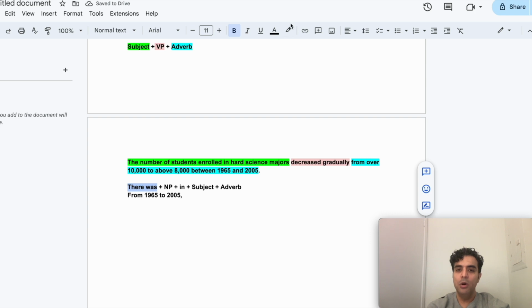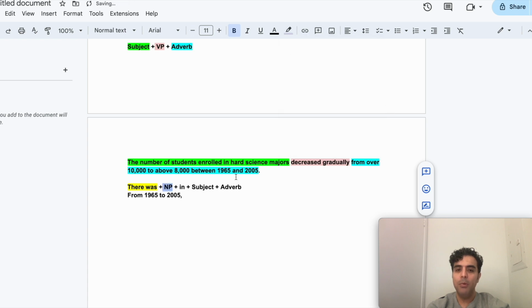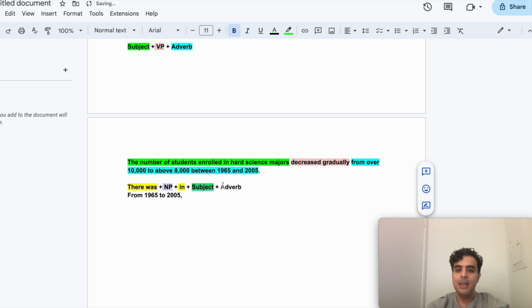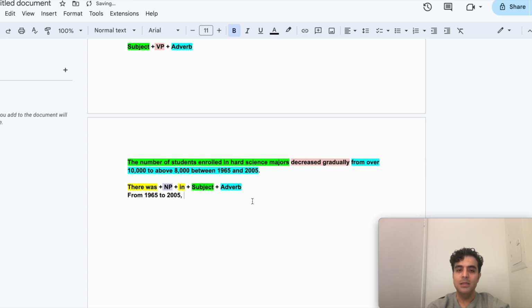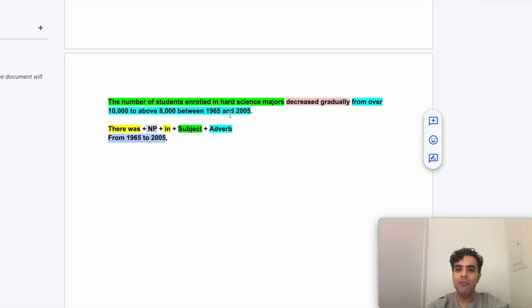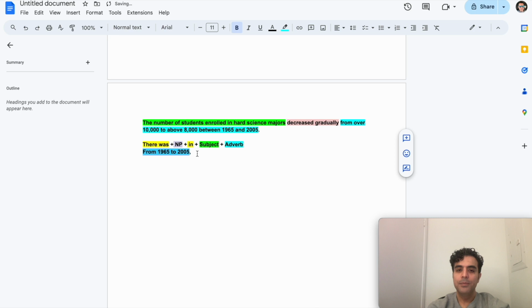So if we want to color code again, we have yellow. The noun phrase, we're going to highlight in, I believe it was purple. In is yellow. Subject is green. And then the adverb at the end will go with the same color we've been using consistently. Okay, so from 1965 to 2005, this is my adverb. Okay, so this is the color I'm using.